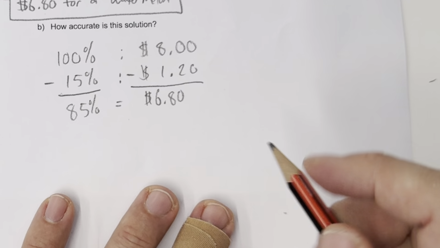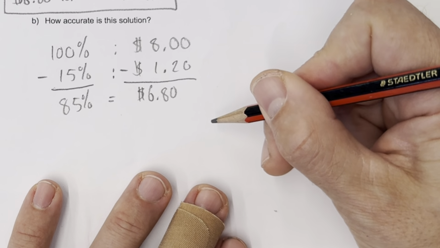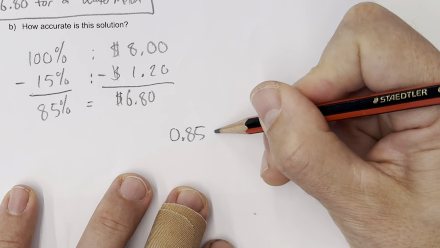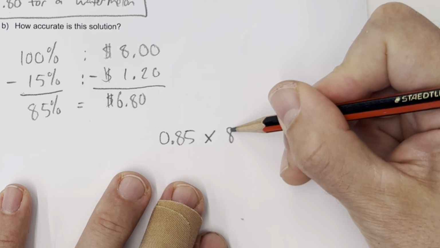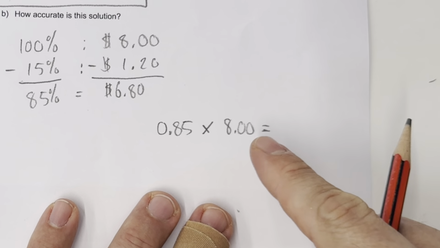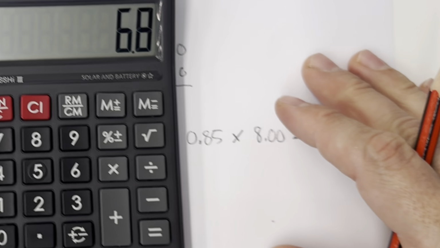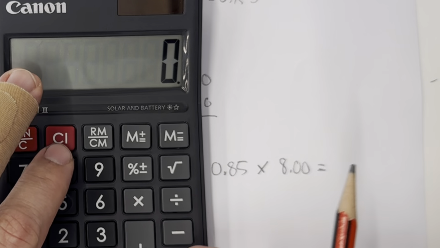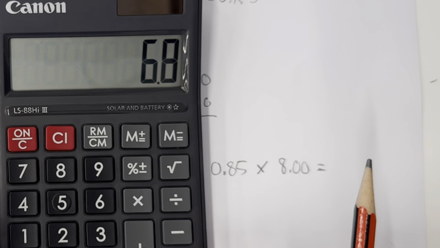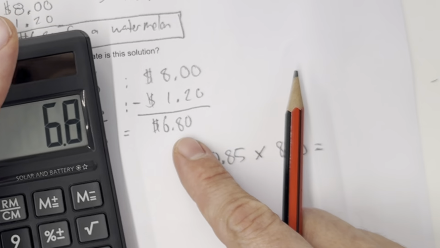And then I can take it one step further to make sure it's accurate and verify it. I can say, well, I can check this. I can do some quick math. I can say, well, what is 85% of my $8 price I started with? And if I did everything right, it should be $6.80. So let's see. 0.85 times 8.00, and look at that, 6.80.